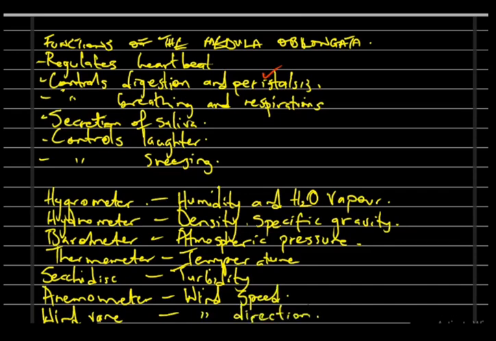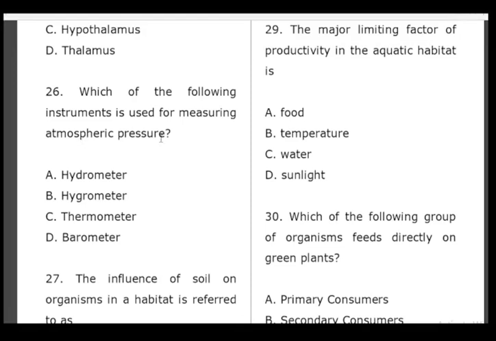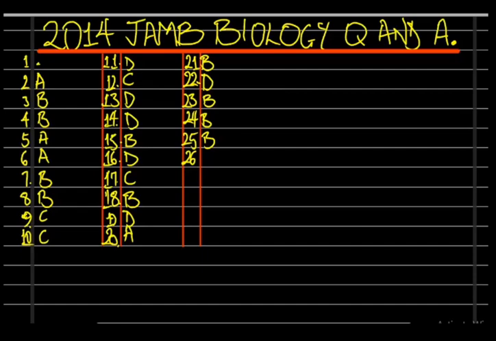So we have so many of them that we can make mention of, but the particular one that our question is asking us for is the barometer, which is atmospheric pressure. So that is our answer there. The instrument that is used to measure atmospheric pressure is the barometer. That is option D. 26.